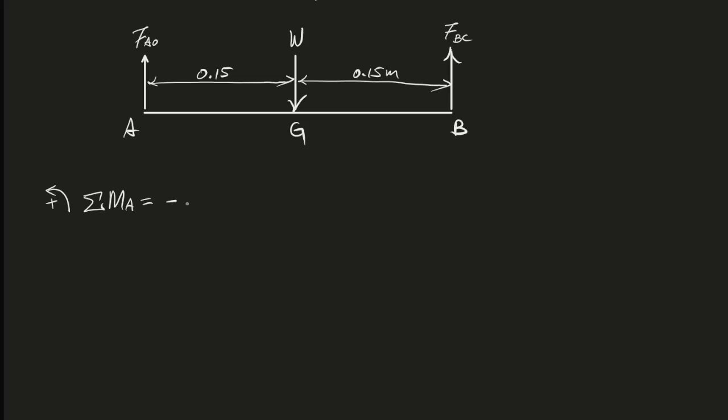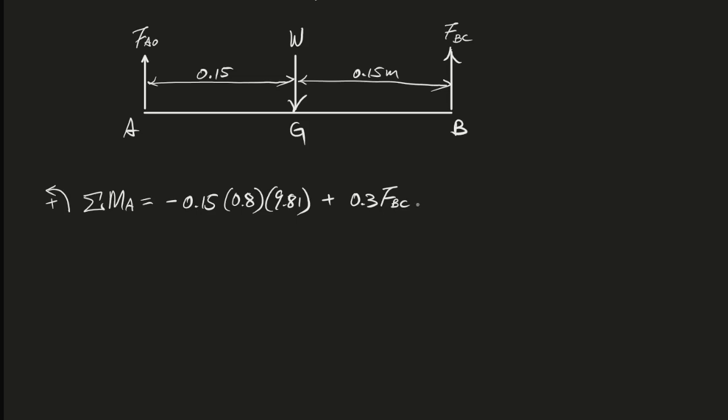So I get negative 0.15 as distance multiplied by 0.8 kilograms of mass times 9.81 of gravitational acceleration plus 0.3 meters distance multiplied by FCB as a tension by assumption. And that's the sum of moment.